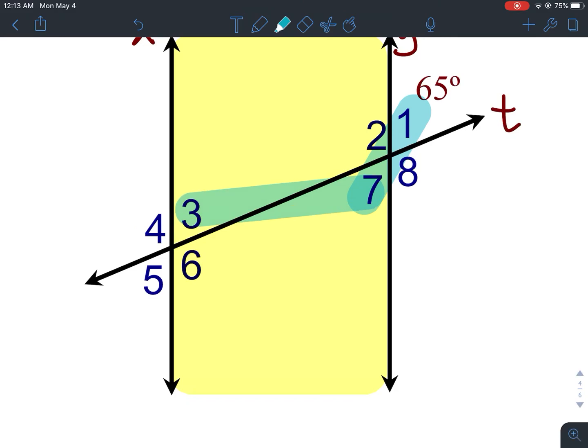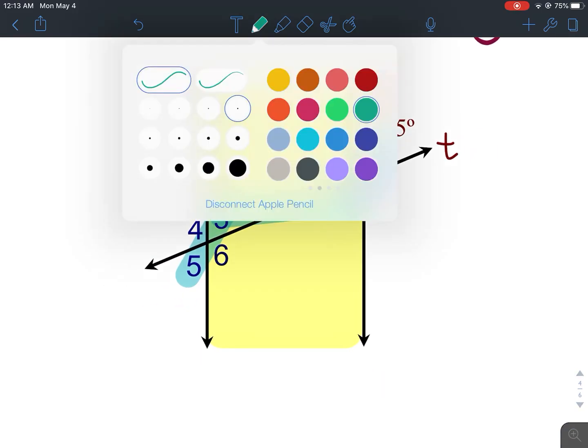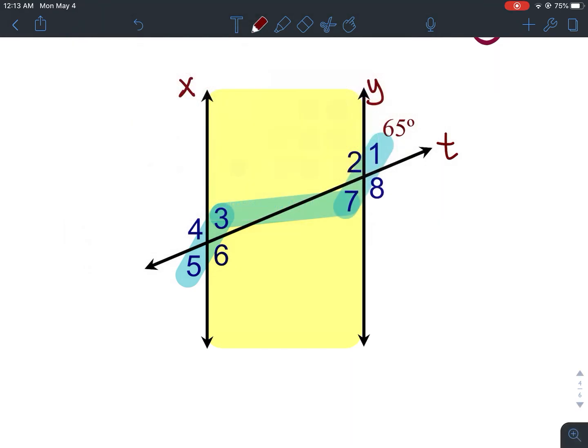So 3 and 7 are alternate interior angles. And then we do vertical again. So vertical, alternate interior, vertical. All of the angles that fall on that zigzag have the exact same measurement. And that measurement is 65 degrees. So angle 7 is 65 degrees, angle 3 is 65 degrees, and angle 5 is 65 degrees.